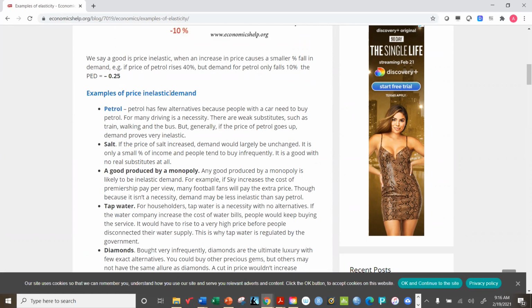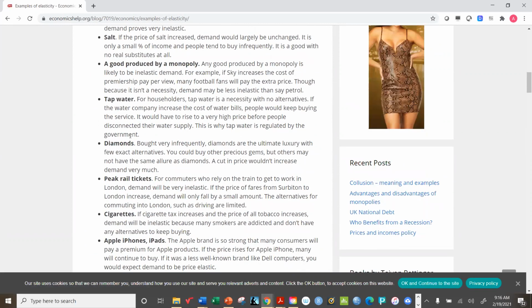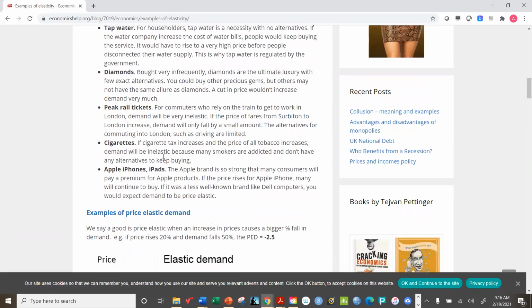They're saying this is where we have inelastic demand. We have petrol, salt, any good produced by a monopoly, tap water, diamonds. Man, look at these. Peak rail tickets, they mean the train. Cigarettes and iPhones and iPads, wow.